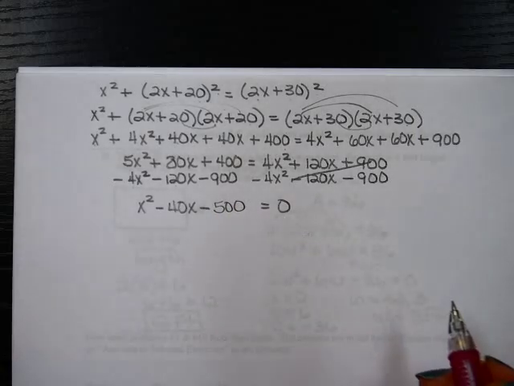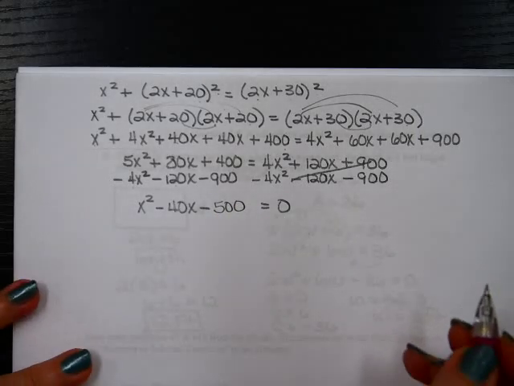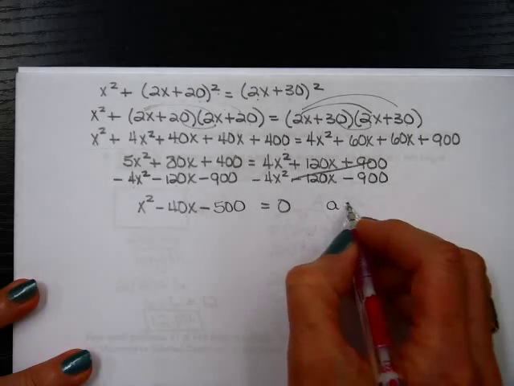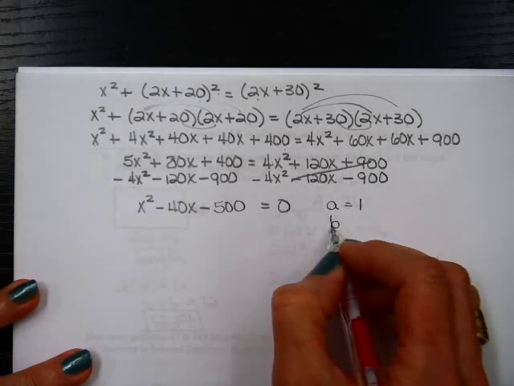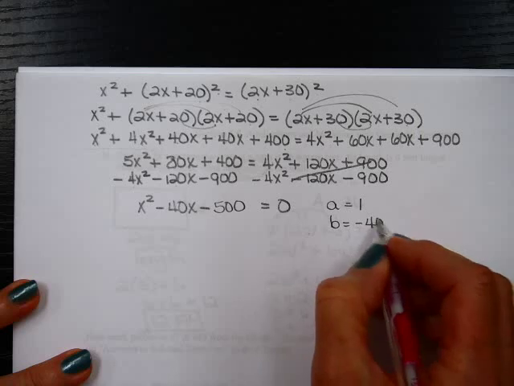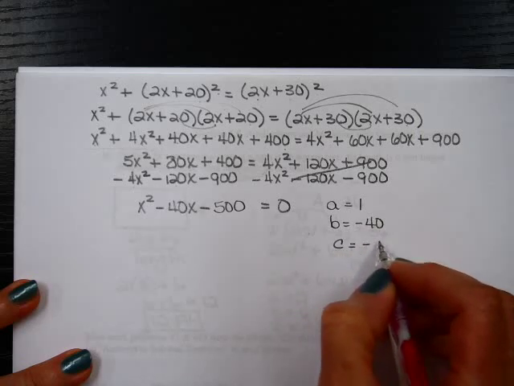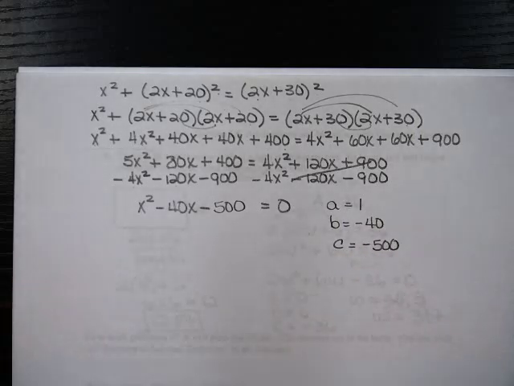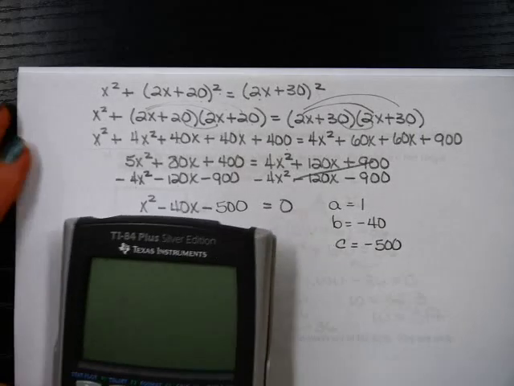This is now an equation that we can put in our quadratic formula. All right, again, a is going to be 1, b is negative 40, and c is negative 500. So put these in your quadratic formula.